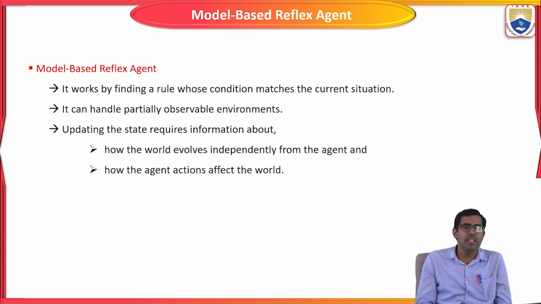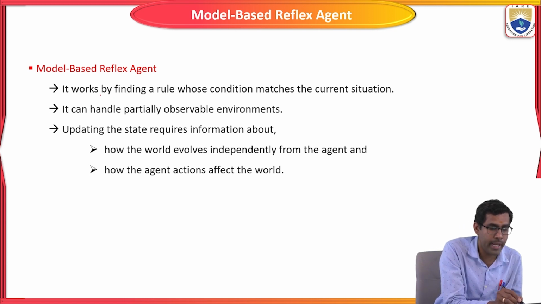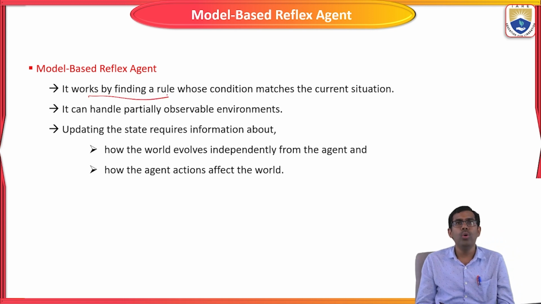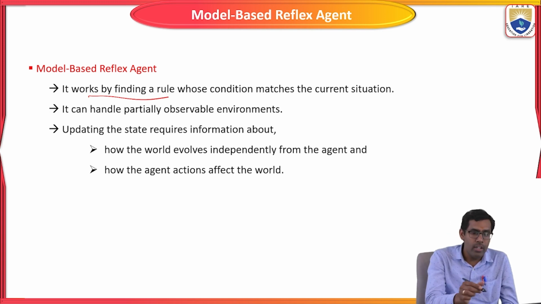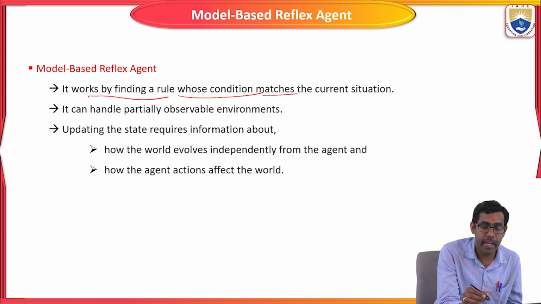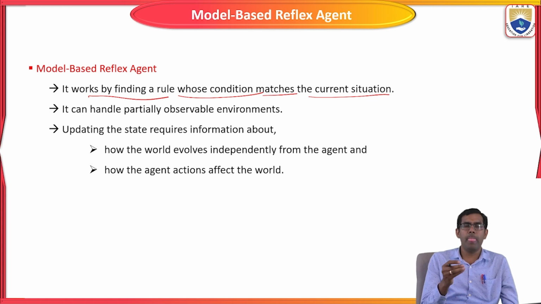So what exactly is the model based reflex agent? It works by finding a rule whose condition matches the current situation, right? So the rule whose condition matches the current situation. Through the sensor, the agent will observe something from the environment, and that is the current situation.